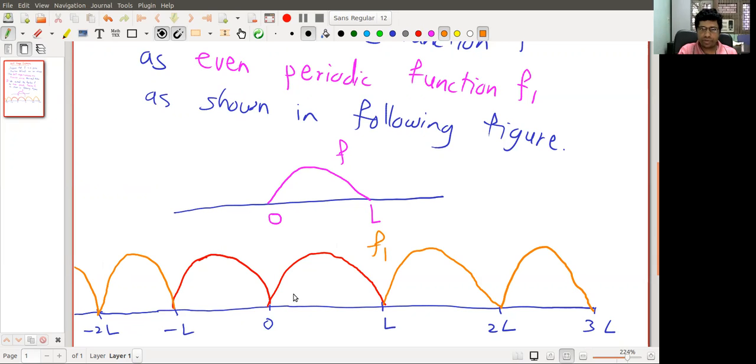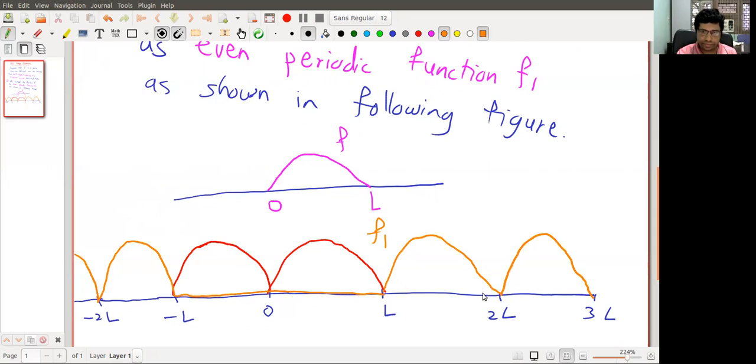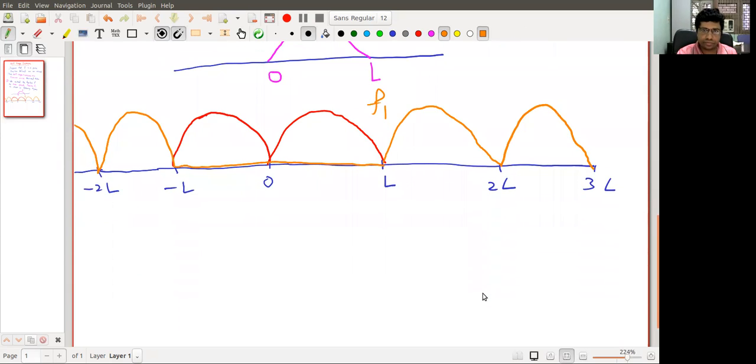F1 is even function of period 2L. So whatever is between minus L to L, it is everywhere. Period of f1 is 2L.